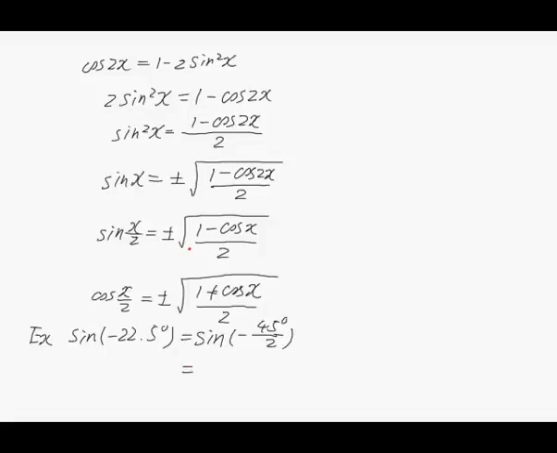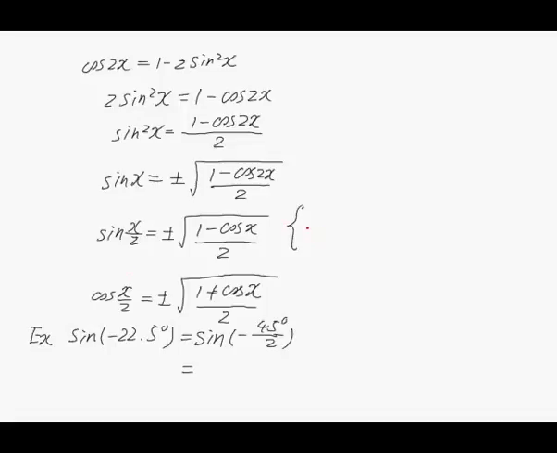So now the question is, how do we determine the sign before this radical symbol? Same as the case of the cosine, it depends on the position of this half x. So we know if the half x is in quadrant 1 or quadrant 2, then sine of half x is positive, right?